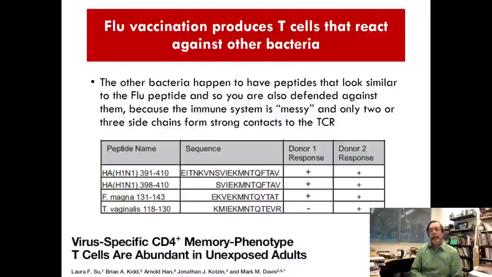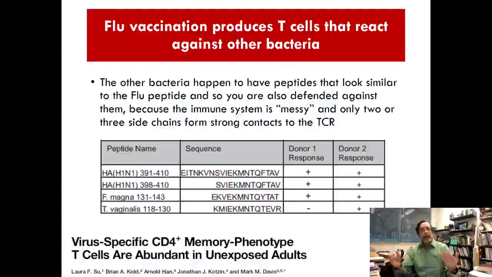Flu vaccination will present certain things against flu peptides, T cells against flu peptides. And there are other bacteria that have peptides that look similar to the flu peptide. So they wanted to see, okay, if you're immune to this flu peptide, we think that these other bacteria have peptides that look like the flu peptide. And look down there, you can see they all have a similar EKMNTQ sequence in the middle of it.